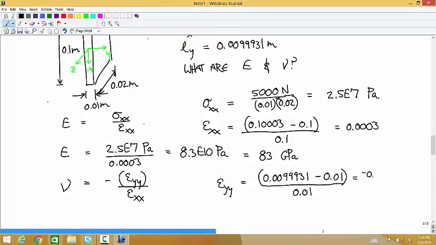Okay, so if you do this calculation, you get epsilon yy that's equal to negative 0.00069.